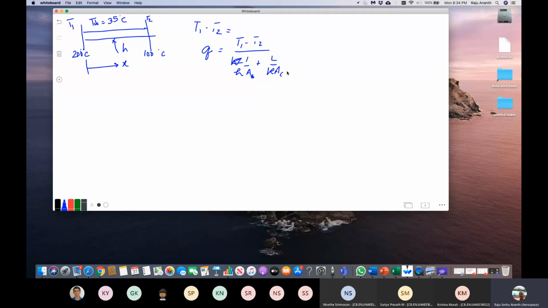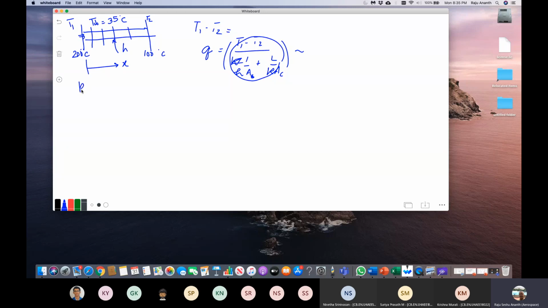Okay. Now the problem with this one. So let me tell you the reason for doing it. See, this assumes the same heat is going through all cross sections. That is not true. All the heat is coming here.